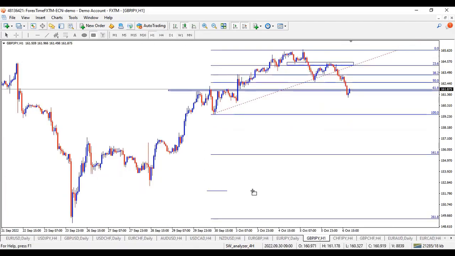Look at 1 hour. Does that work? Or USD JPY?